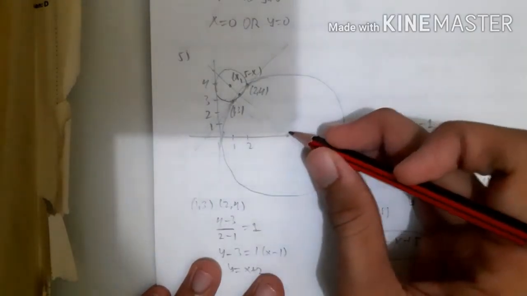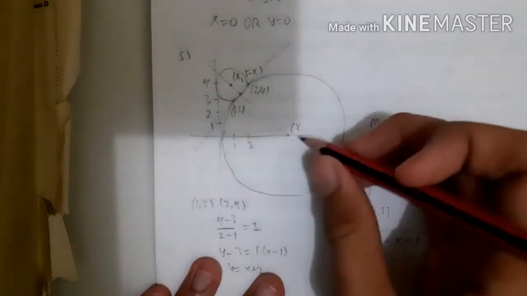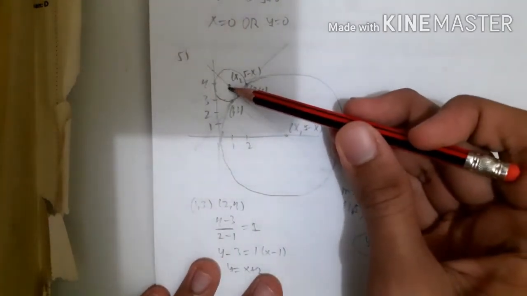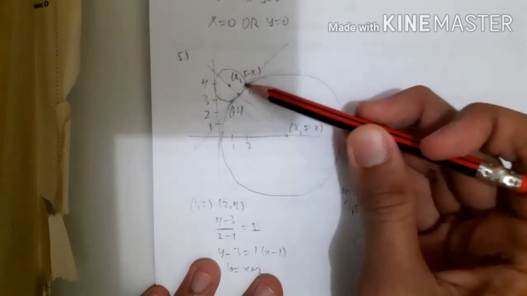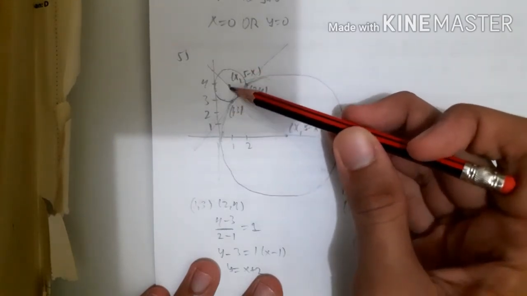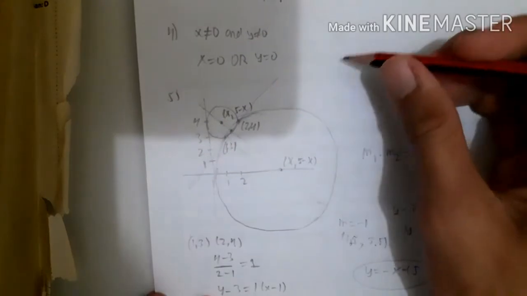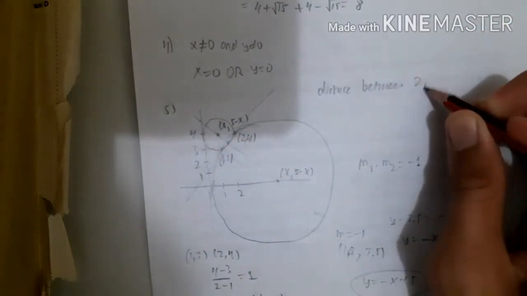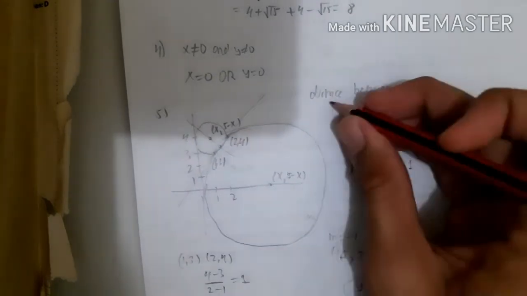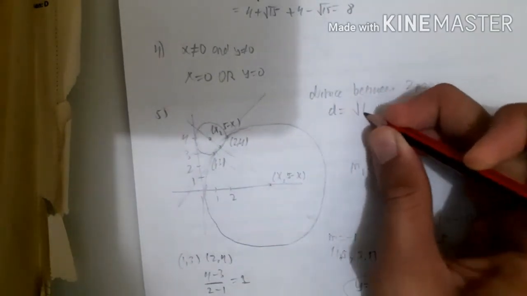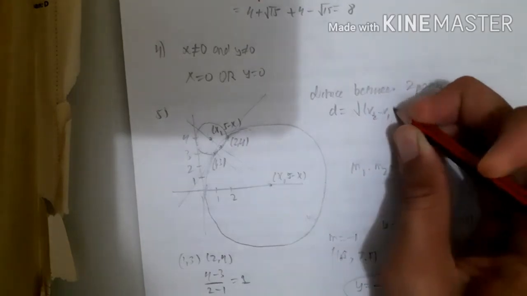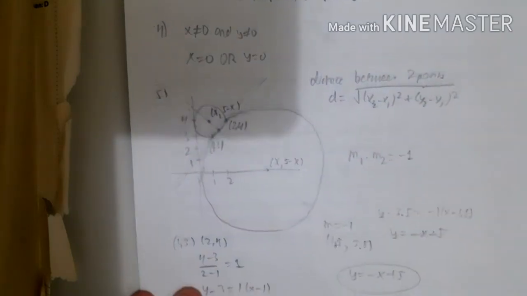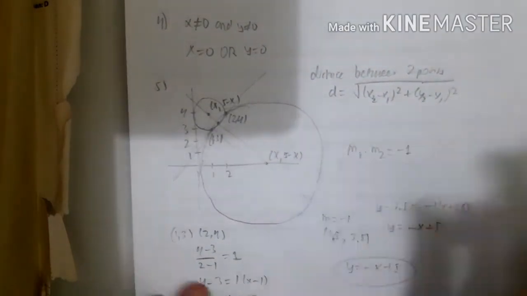If the x coordinate is x, the y coordinate will be 5 minus x. And the distance between this point and (1,3) is the radius. The distance between 2 points, let's say it equals d, has this formula.